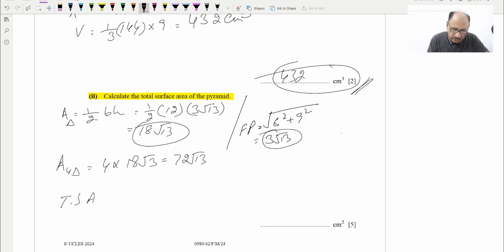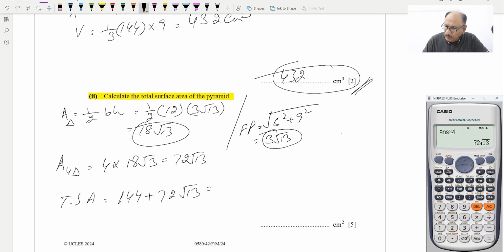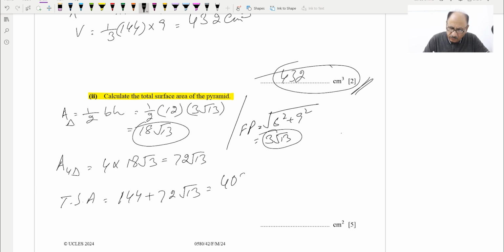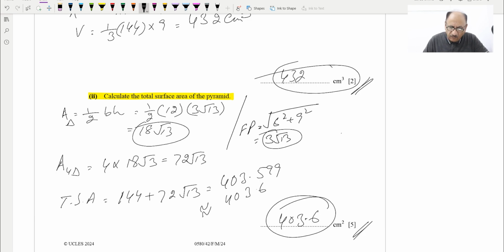Total surface area of the pyramid is equal to base area, which is 144, plus area of the triangles 72 root 13, and this is resulting to 403.599, which is rounded to 403.6. 403.6 will be the answer for 5 marks.